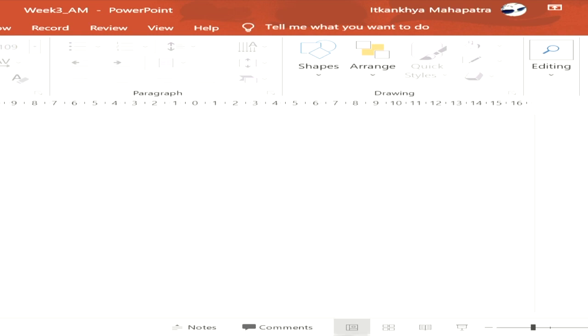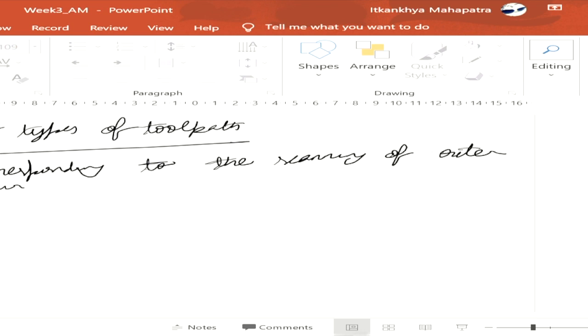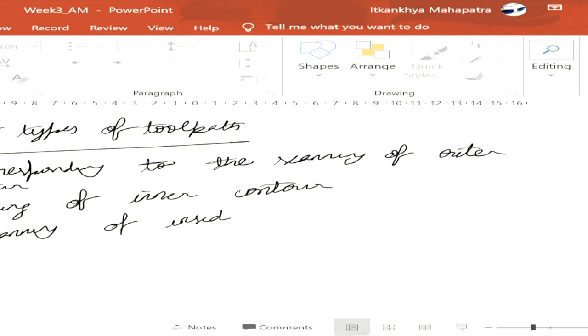One corresponds to the scanning of the outer contour, one is scanning of the inner contour, and one is scanning of the inside area, which is known as area filling.